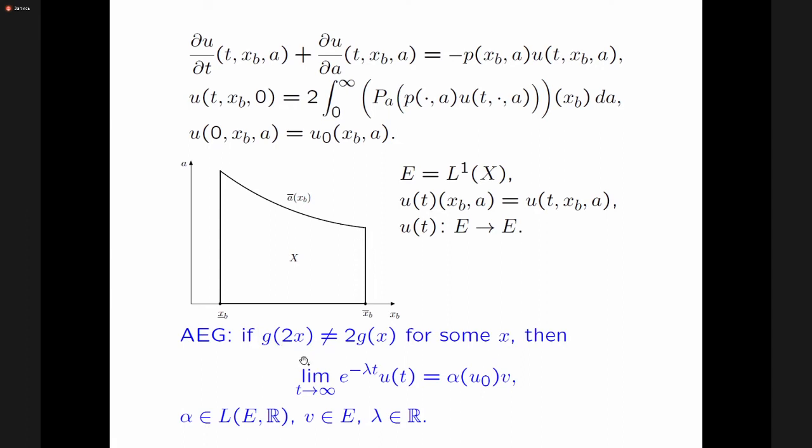We can consider different definitions in the literature also. But the assumption is only one. If g of 2x is different than 2g of x, then we have such a formula. What does it mean? That if we go to infinity, then the distribution of cells according to these two variables is given by some function v. Here is a coefficient. This coefficient is simply obtained as a linear functional of the initial value.